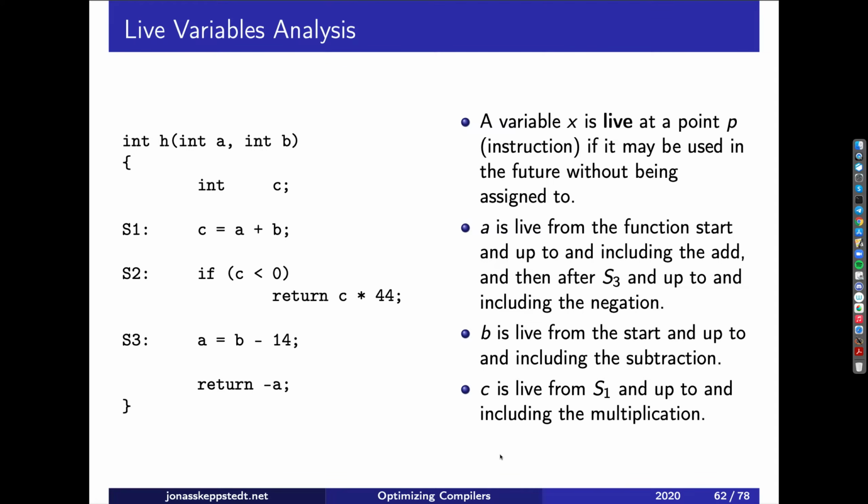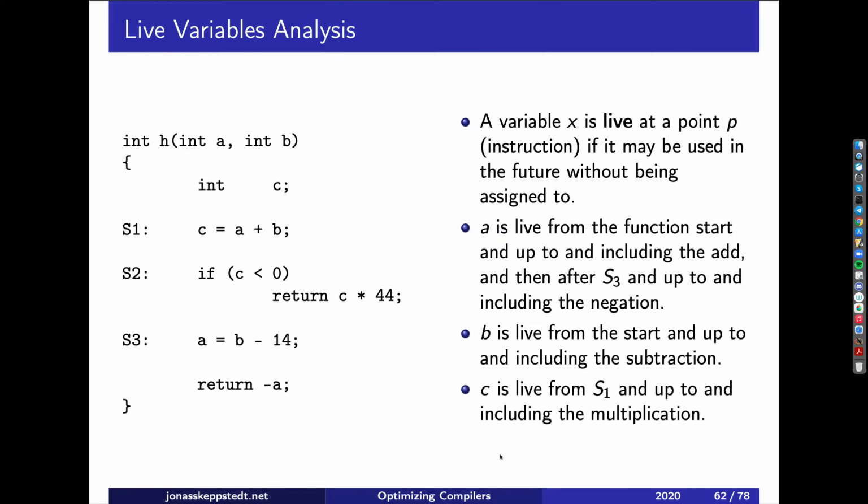Live variables analysis is not used for dead code elimination, but it is used for something else, namely register allocation. Recall, a variable is live if its value may be used in the future.